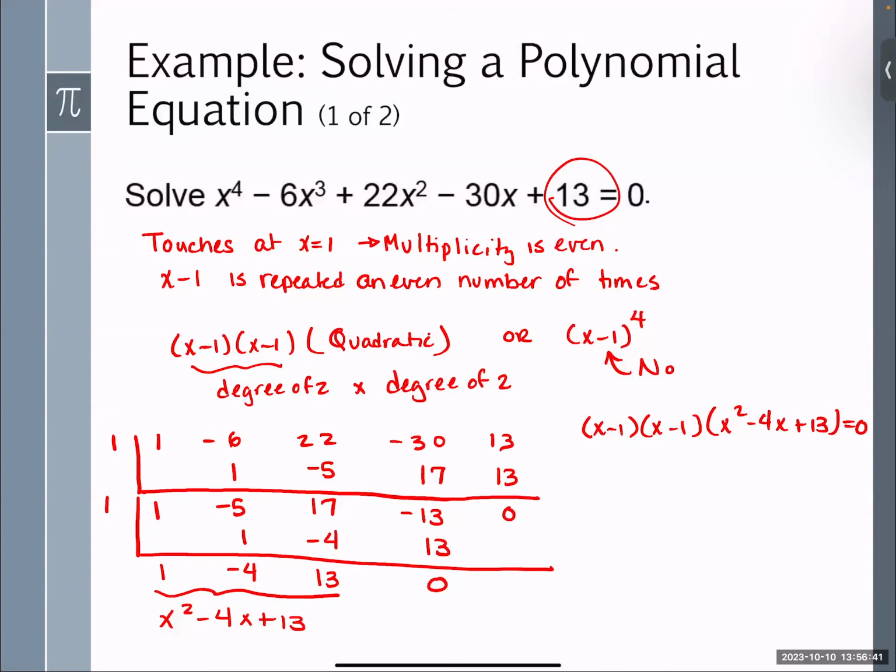And I know that quadratic is not factorable, because I would need two factors of 13 that add to negative 4. There are no two factors of 13 that add to negative 4. So I'm going to take this quadratic factor and use the quadratic formula to find the solutions to that.